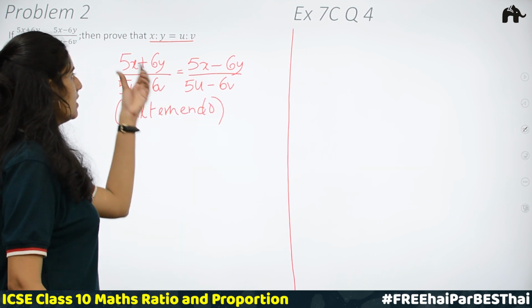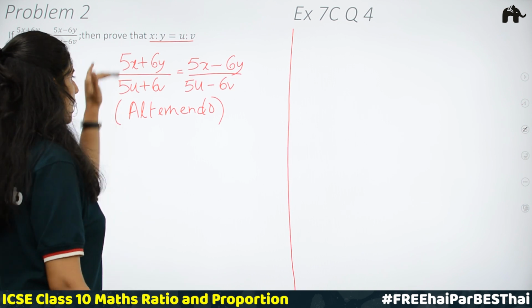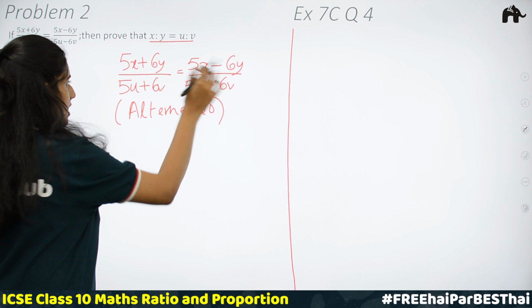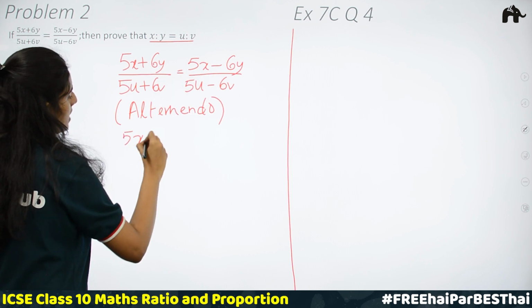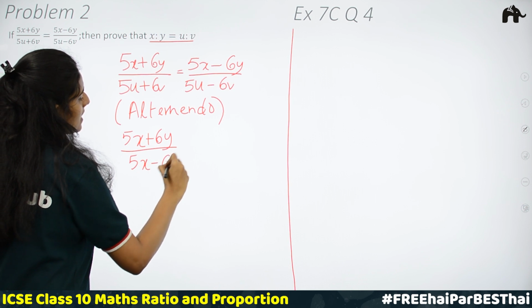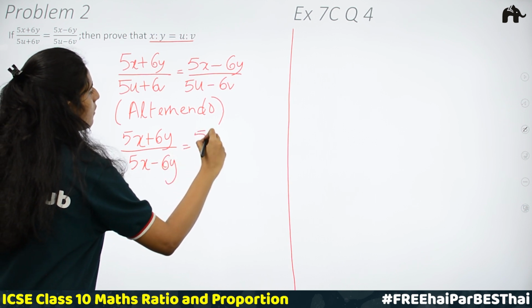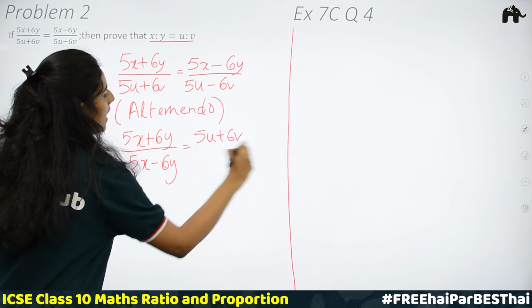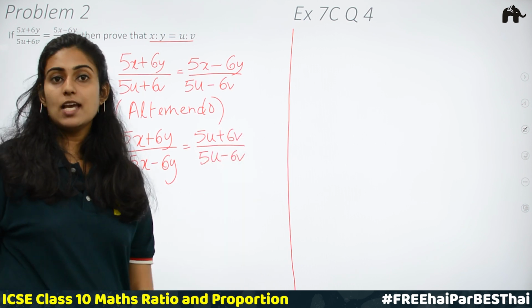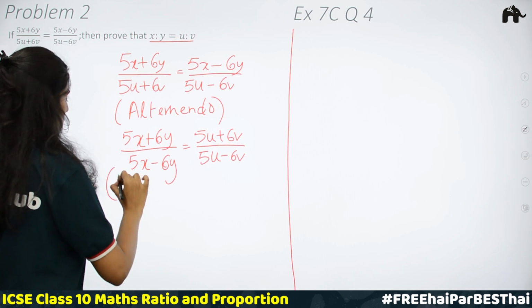We will be getting x and y containing terms in the numerator and denominator on the LHS, and u and v containing terms on the RHS. That is (5x plus 6y) divided by (5x minus 6y) is equal to (5u plus 6v) divided by (5u minus 6v). Now we can easily apply the componendo and dividendo property.